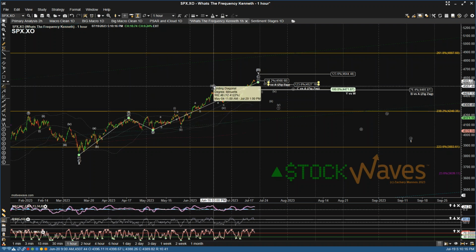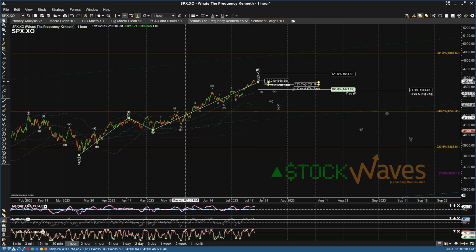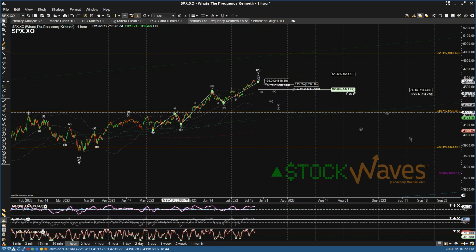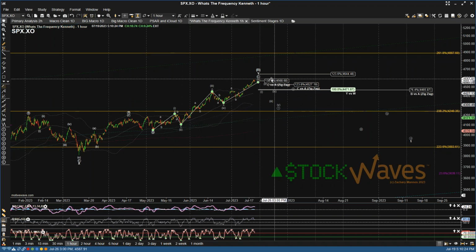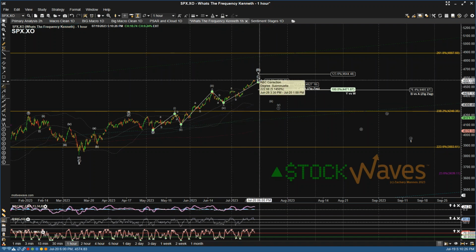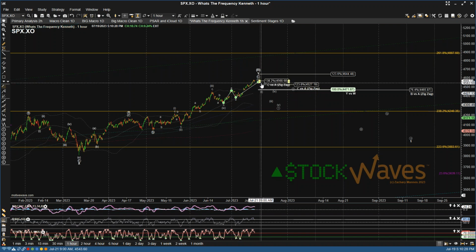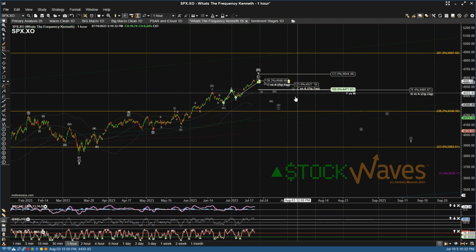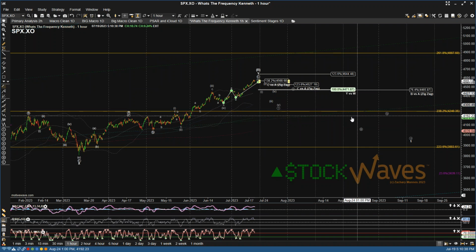And then inside that C wave, I have a nice ending diagonal here as 1, 2, 3, 4, 5, and that's reaching this ABC for the fifth is reaching its 138.2% fib extension.